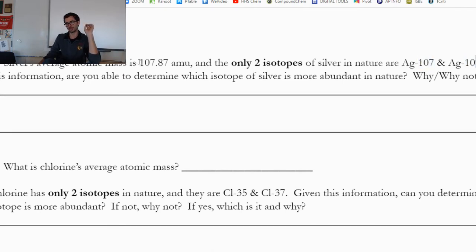The average mass of one of those in nature, out of the trillions and whatever insane number of silver atoms in the universe, the average mass of one of them is this right here, 107.87 atomic mass units, or AMUs. So there's only two silvers to choose from. Is it 107 or 109? Which one is more abundant? Which one's more popular, more common in nature, if this is the average?